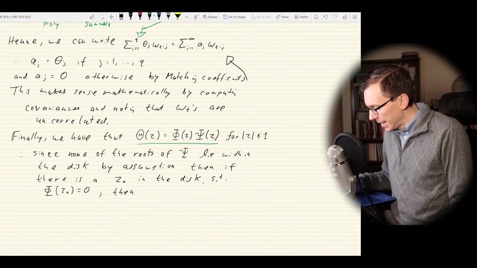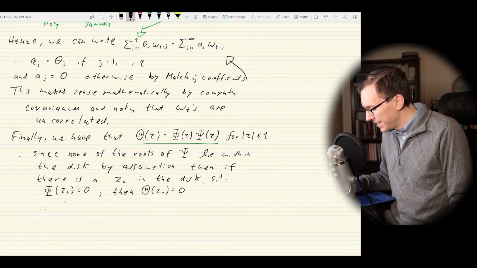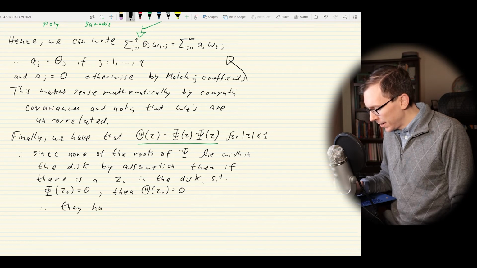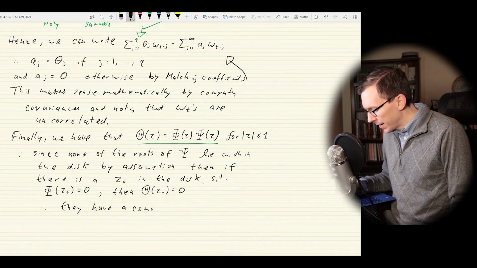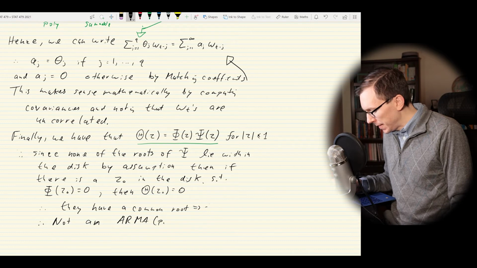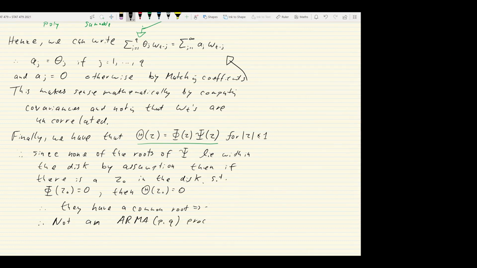Well, what it implies is that theta of Z naught is also 0, therefore they have a common root. And therefore, this is not an ARMA PQ process. And that's where we get our contradiction or our problem here.